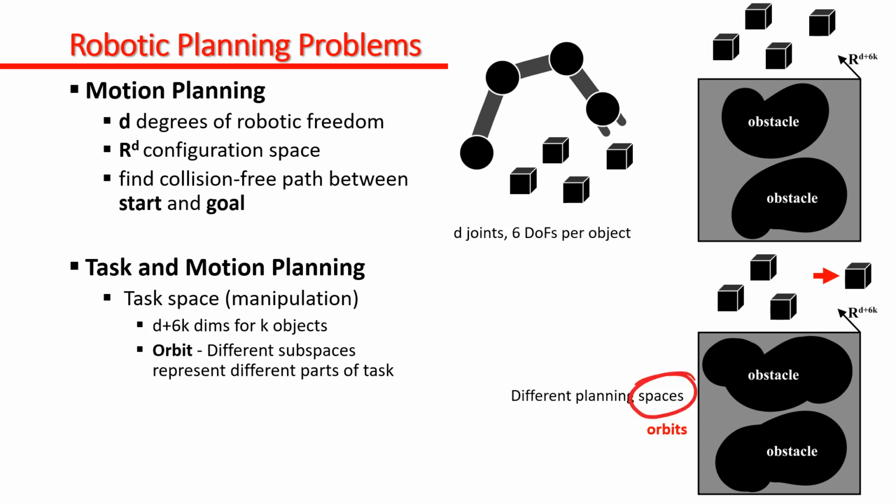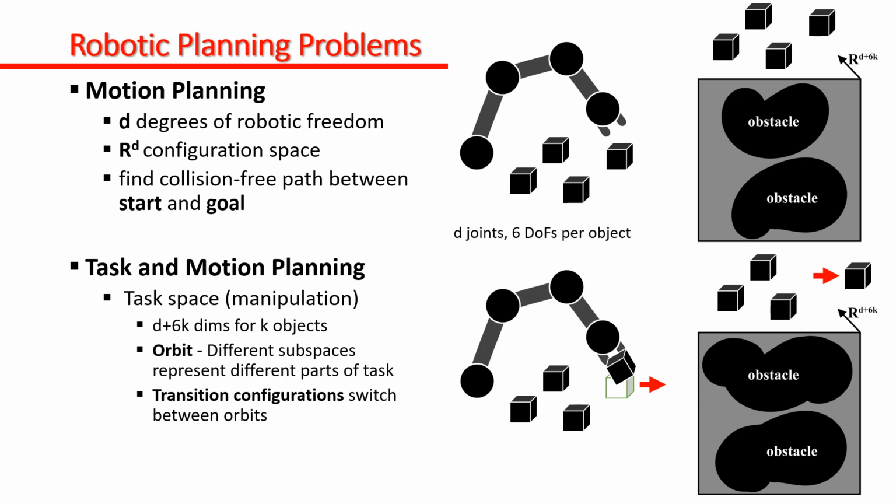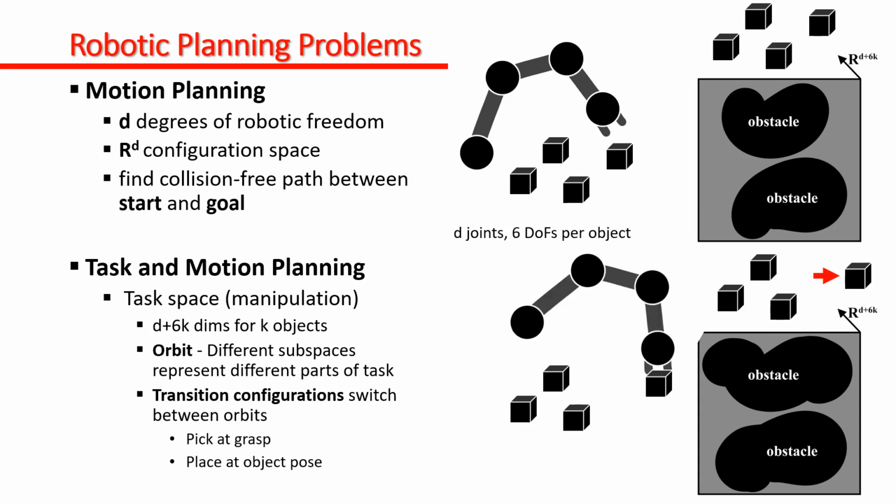So these different spaces are what we will call orbits, because these need to be achieved in the task space by going through specific transition configurations. So in order to change the pose of an object, you actually need to pick up an object using some grasping configuration and potentially place it at the moved pose or the placement configuration.